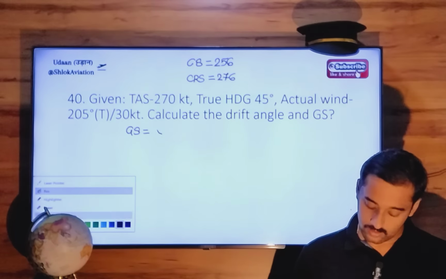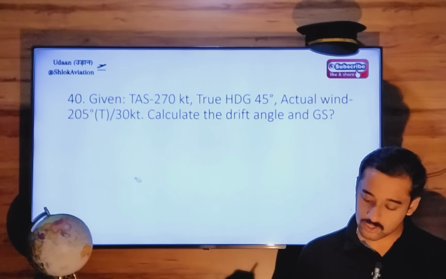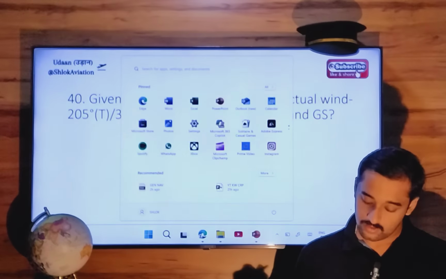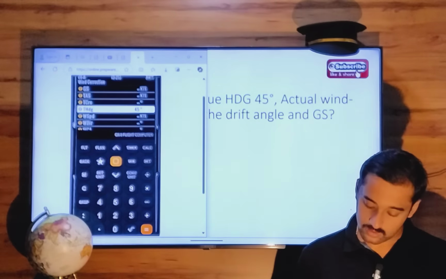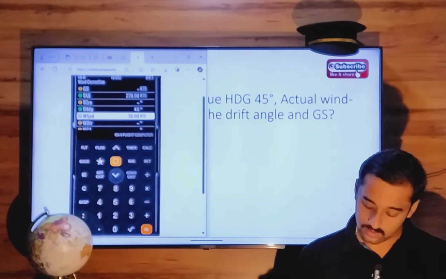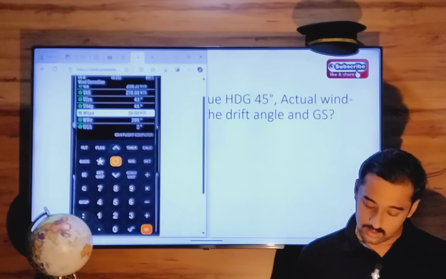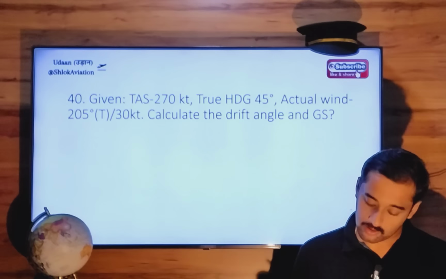Question 40. Again similar question. What is ground speed? So TAS 270, heading 045, winds 205 at 30. So ground speed is 298.